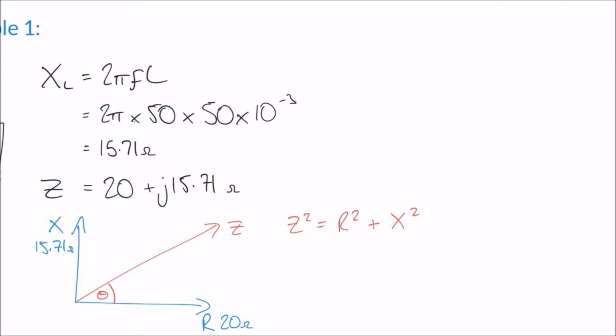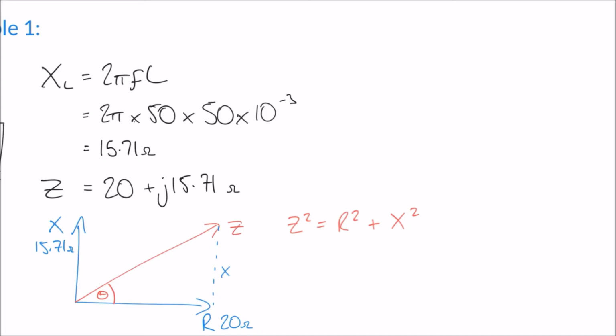We can move our reactance over to this side, for instance, rather than on this side. We can move it over here, and now we have a right angle triangle, and so Pythagoras' theorem can be used in this instance.